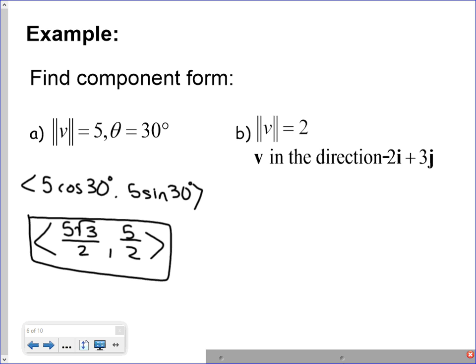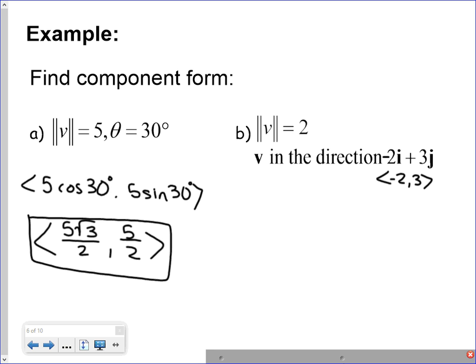Well, okay, so you're thinking about these as your horizontal and your vertical components, right? So I'm just going to write this in component form right there. Now, as you look at that, you want it to go in the same direction of that vector. Does that vector have the magnitude that you want?